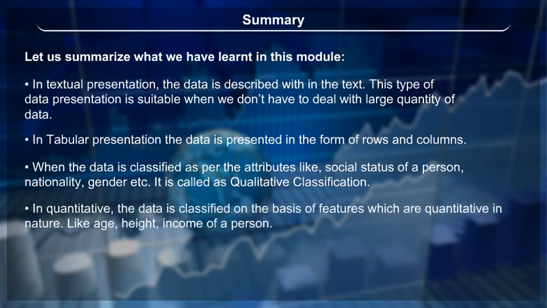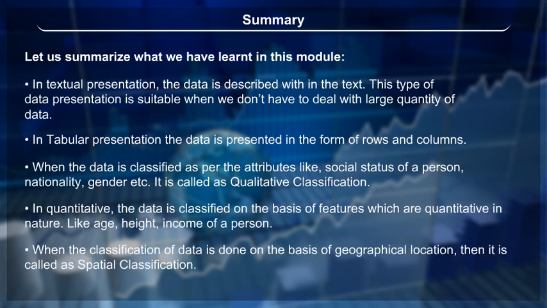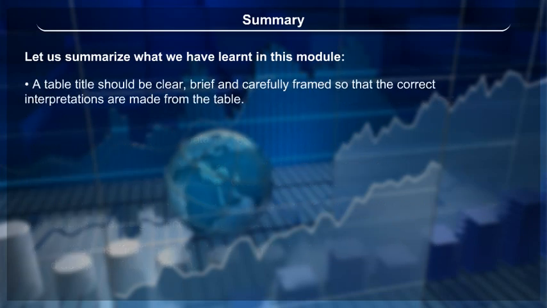In quantitative classification, the data is classified on the basis of features which are quantitative in nature, like age, height, income of a person. When the classification of data is done on the basis of geographical location, it is called spatial classification. A table title should be clear, brief, and carefully framed so that correct interpretations are made from the table.